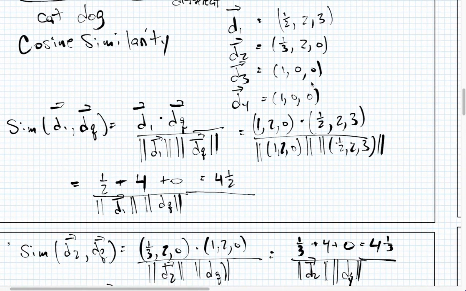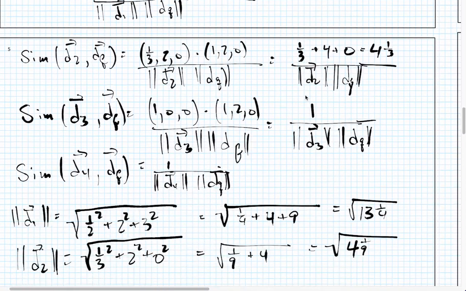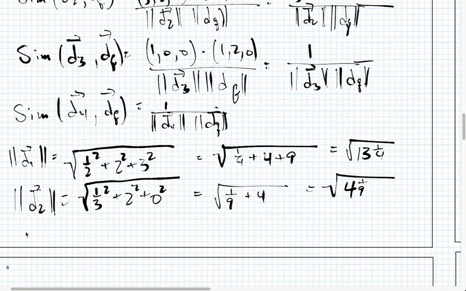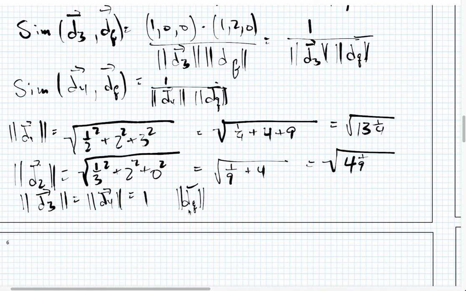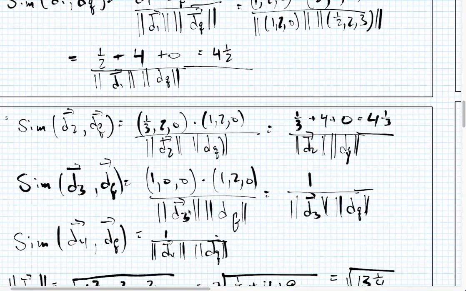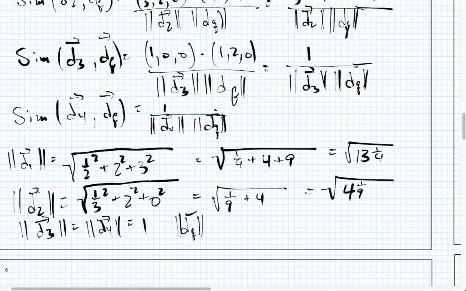Let's see, the lengths of D3 and D4. I think you can see that that's just 1. And then finally, the length of DQ. DQ we said was 1, 2, 0, is equal to 1 squared plus 2 squared, which is equal to radical 5.